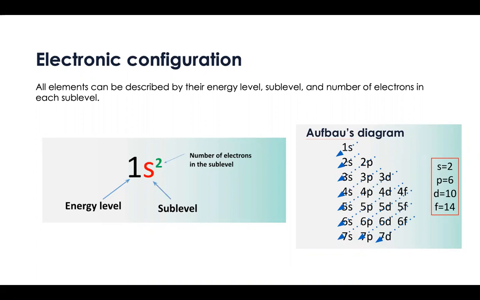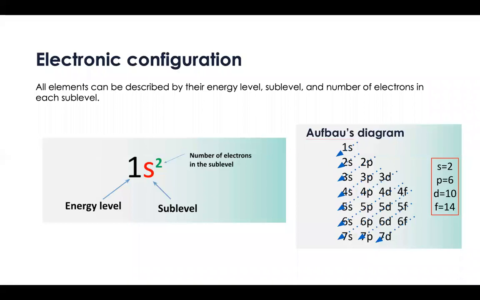When we have an atom or an element from the periodic table and we want to define its electronic configuration, what we have to remember is the Aufbau diagram.